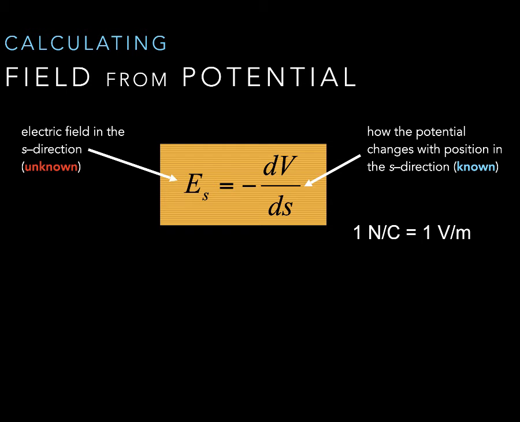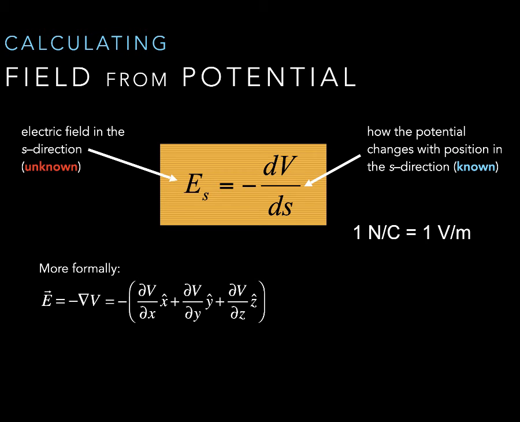here we have this derivative, and electric field has units of newtons per coulomb or volts per meter. Volts per meter makes the most sense because we're doing basically volts over distance, if you think about this derivative locally. More formally, however, this is a three-dimensional thing. So electric field is usually a three-dimensional field, and therefore, in order to get three dimensions from a scalar, we have to have this three-dimensional derivative.